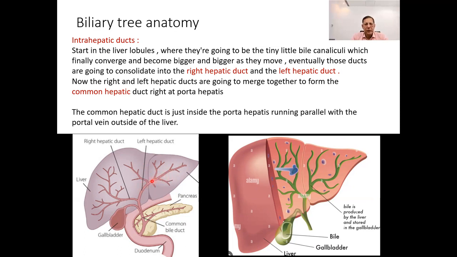And biliary ductules finally carry the bile to a main duct within the left lobe of the liver, called the left intrahepatic duct. Similarly, the biliary ductules lead to the formation of a larger duct in the right lobe of the liver called the right intrahepatic duct.